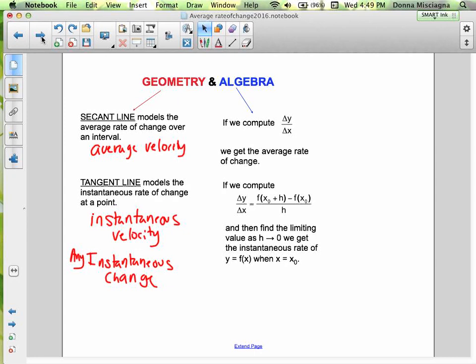So sometimes we'll get a constant, but many times we get a function, and we use that function for our instantaneous rate of change, and we evaluate that to find instantaneous rate of change at some moment in time.